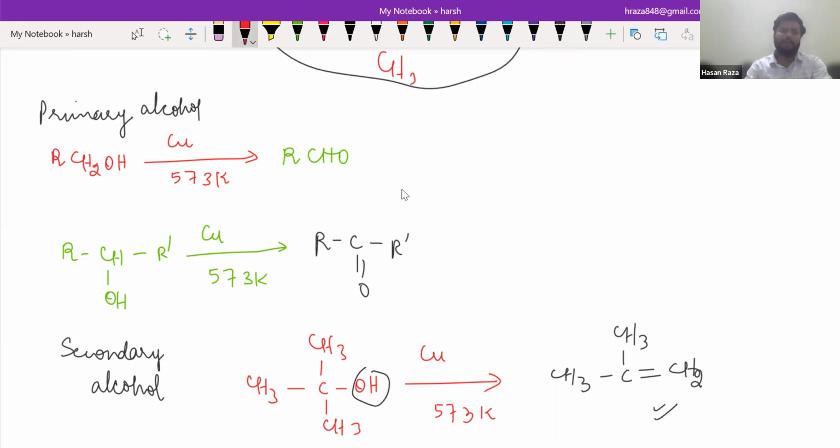Yeah, first write it, then I will write the point. Yes, sir. Today we are going to finish this chapter almost, because after half an hour we are going to start ethers, preparation of ether, and then chemical reaction of ether, and its chemical reaction is not that much as compared to alcohol and phenol. Yes, sir.